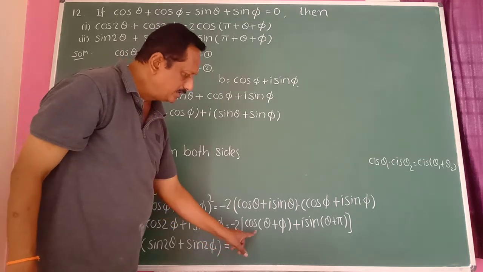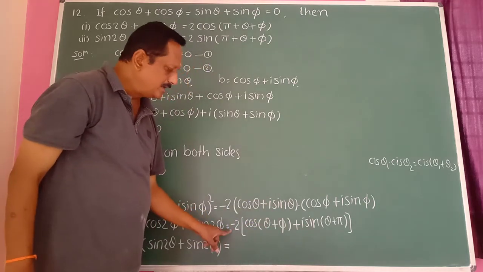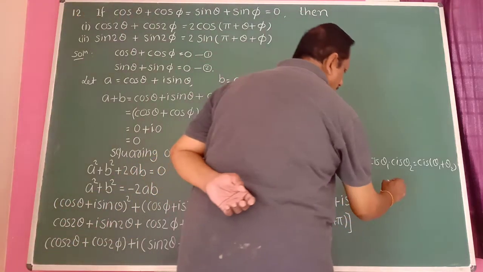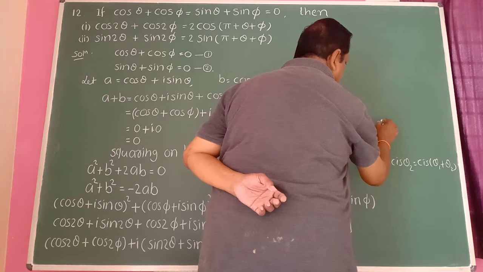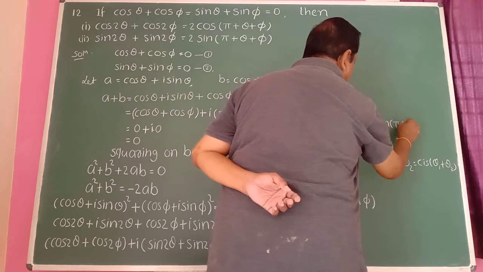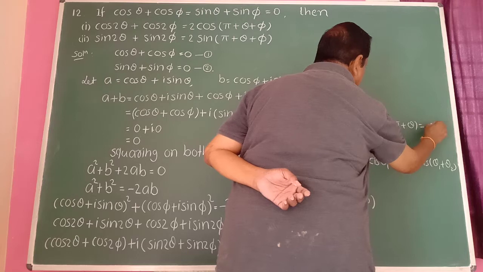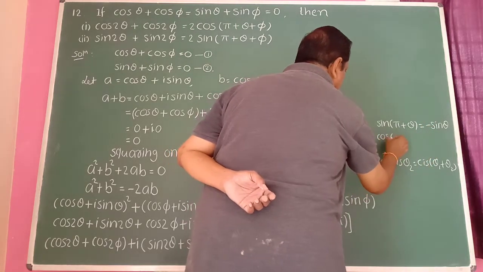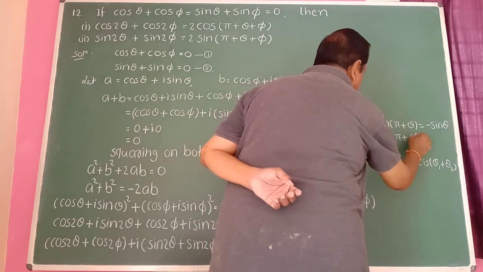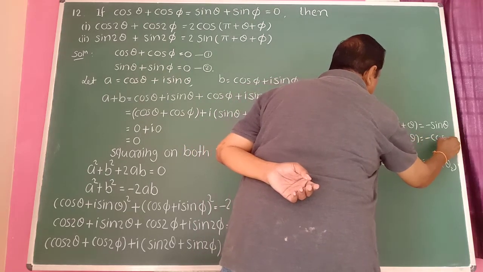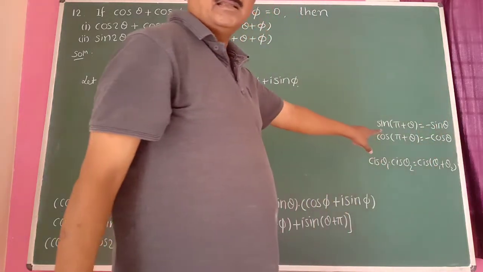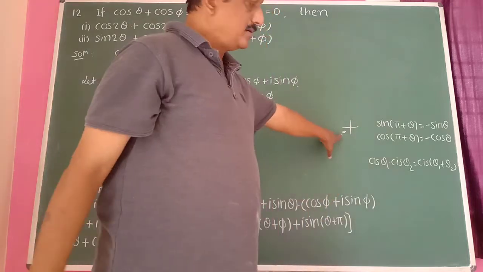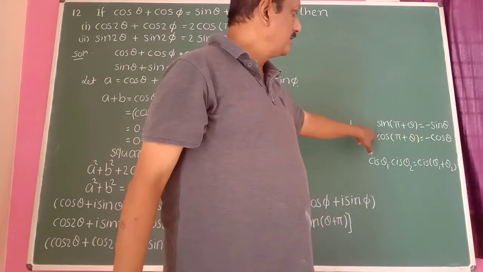Multiply this minus 2 with this term as well as this term. You know the allied angle formula. According to allied angle, sin of pi plus theta is equal to minus sin theta, and cos of pi plus theta is equal to minus cos theta, because both come under the third quadrant. In the third quadrant, sin is negative and cos is also negative.